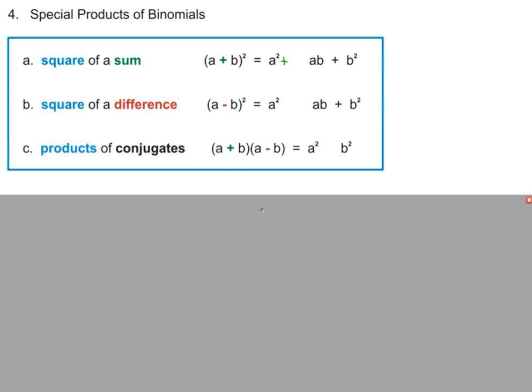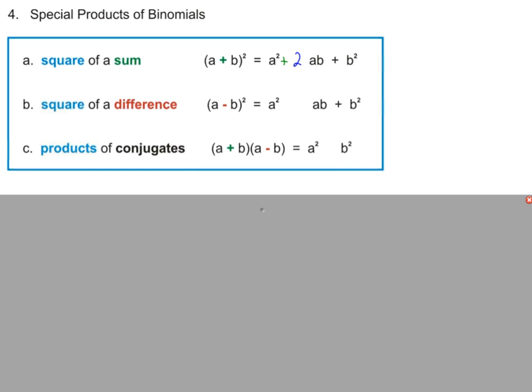So in your pattern, it's going to equal the first term squared, that's the a squared, plus sign. Grab your blue and a 2, and you have to multiply 2 times the a times the b, and then plus the b squared. That's just the pattern, okay? Not a big deal, pretty simplistic, but that's a pattern whenever you have that square of a sum.